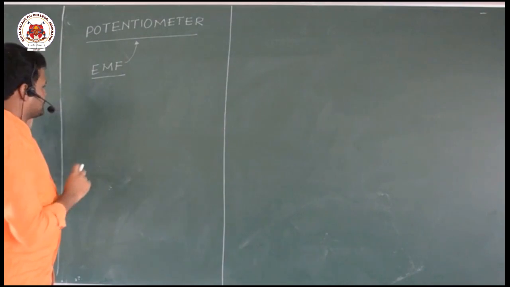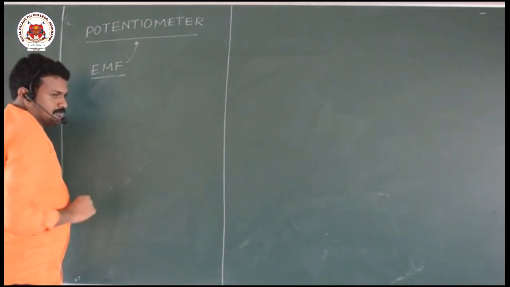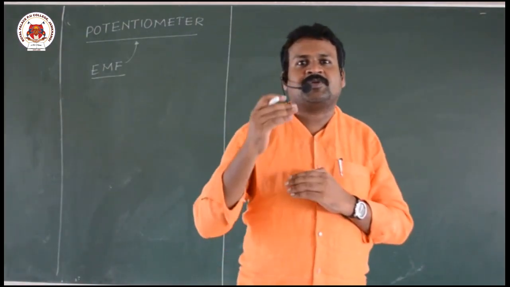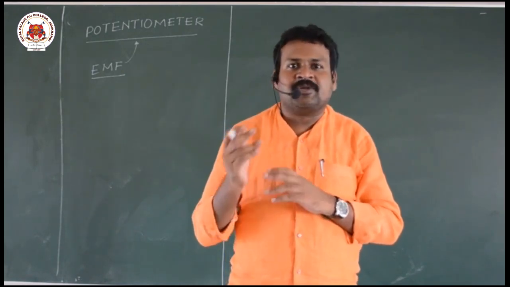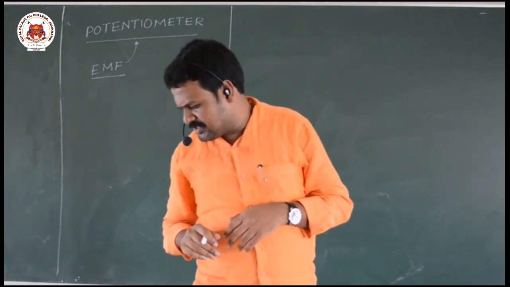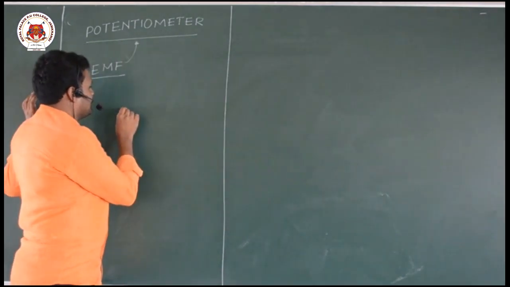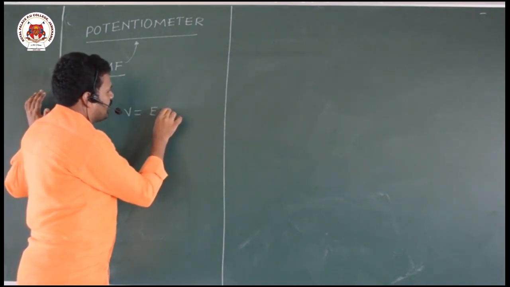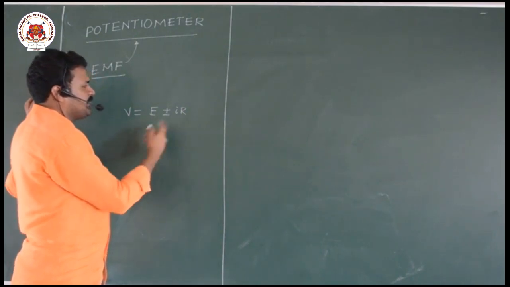So what is the difference between a voltmeter and a potentiometer? A potentiometer will not draw any current from the battery or the cell, and it measures EMF. Here, you know that the potential difference V is equal to E plus or minus IR, depending upon charging and discharging. If it is charging, E plus IR.